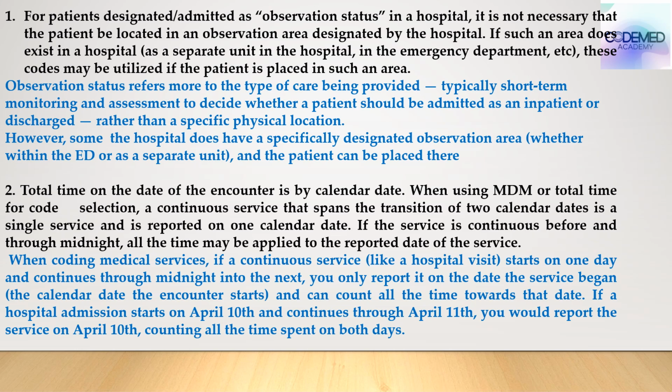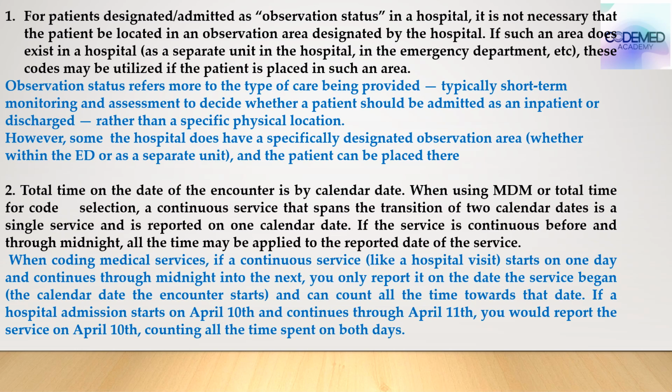So in short, what is observation status? It refers more to the type of care being provided, typically short-term monitoring and assessment to decide whether the patient should be admitted as an inpatient or discharged, rather than the specific physical location.